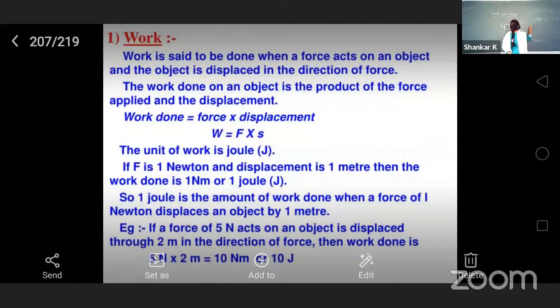Work done is equal to F into S. F is 5 N, S is 2 meters, so it is equal to 10 joules. Is it clear? 10 joules. This is what we call work.